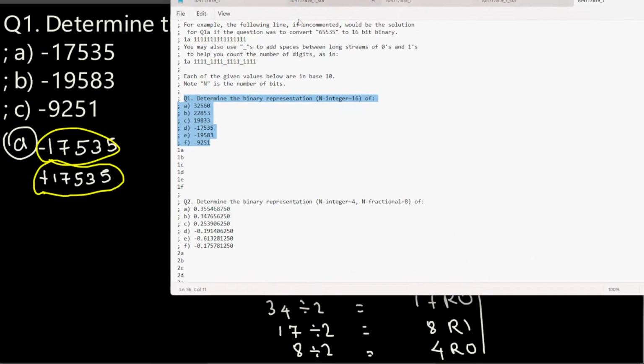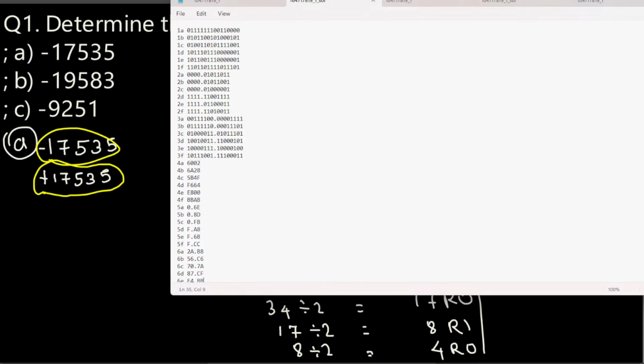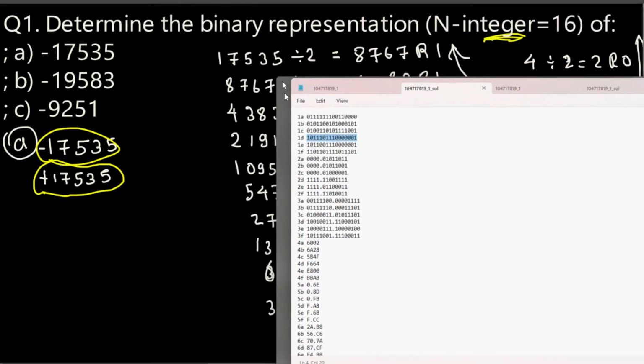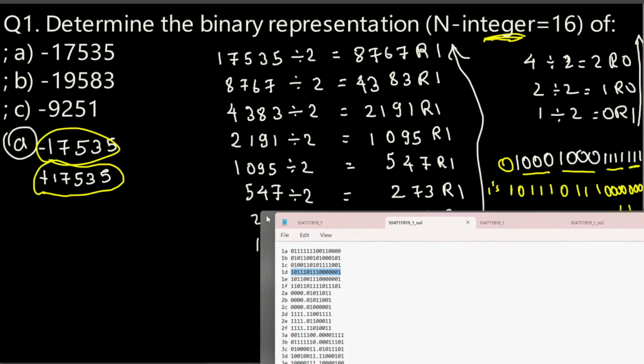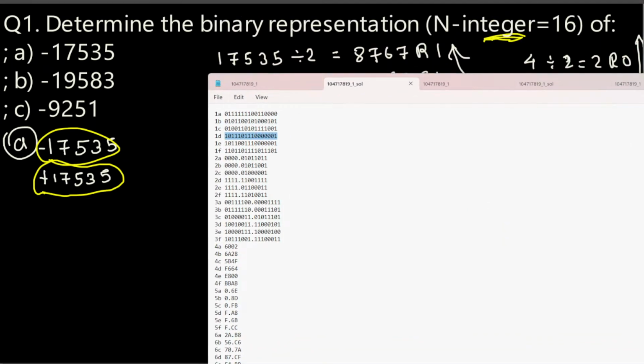Double checking here as well: one zero one one one zero one one one. Yeah, so this is exactly what we derived.